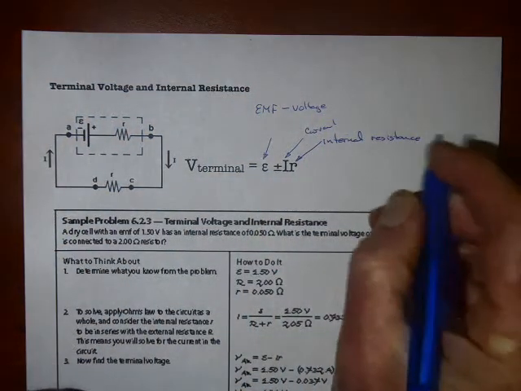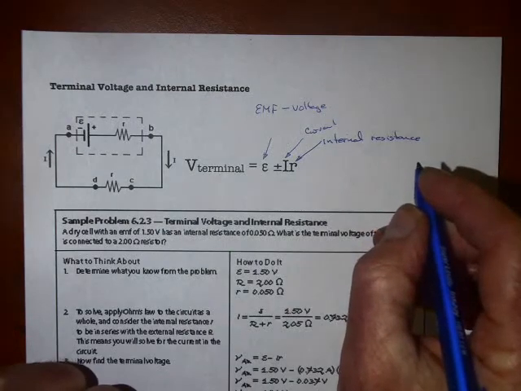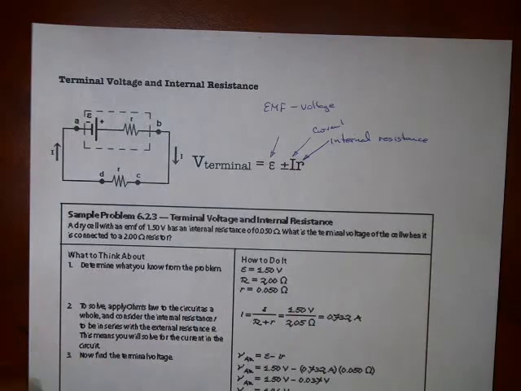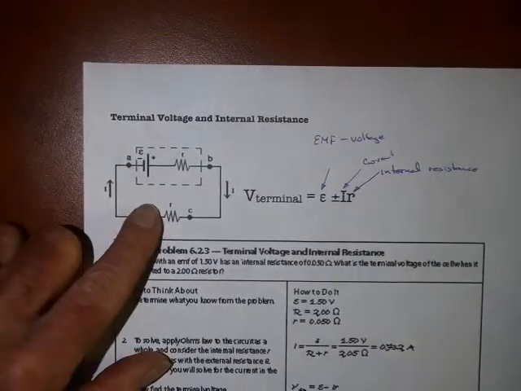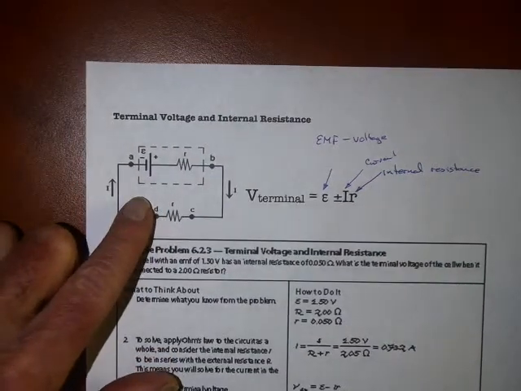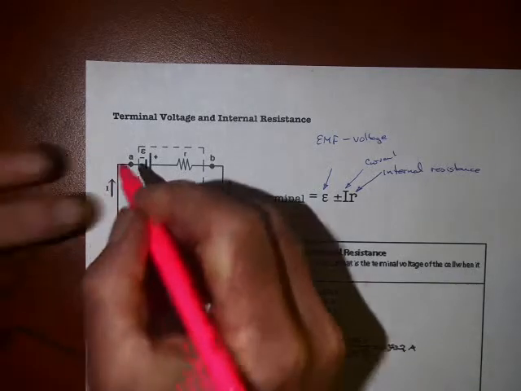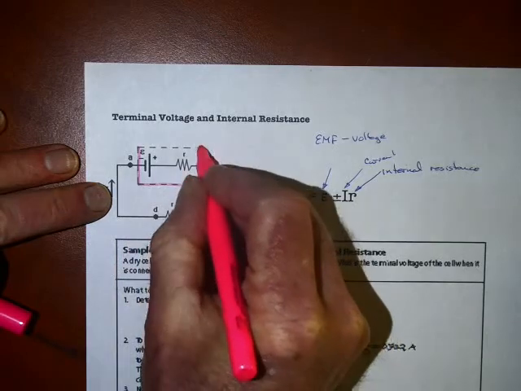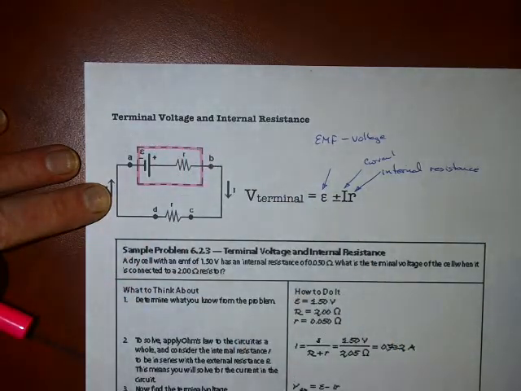In this case, this is going to be 1.50. So this dotted line in the diagram represents a dry cell battery.